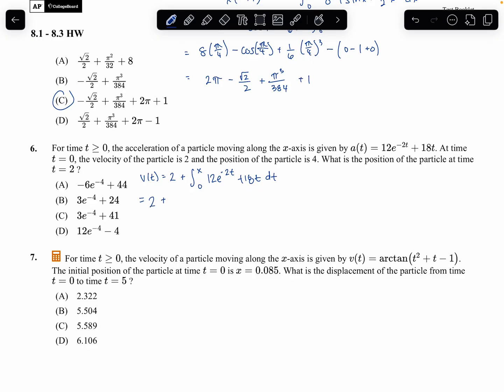So 2 plus, now the antiderivative of this is going to be negative 6e to the negative 2t plus 9t squared. And that's going to be from 0 to x, so it's equal to 2 minus 6e to the negative 2t plus 9x squared. This is our velocity, v of x.